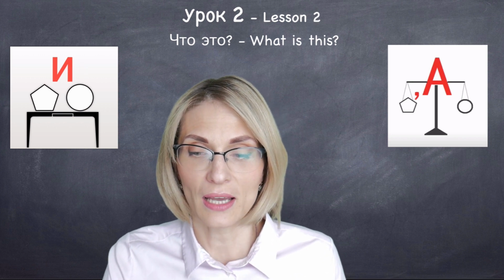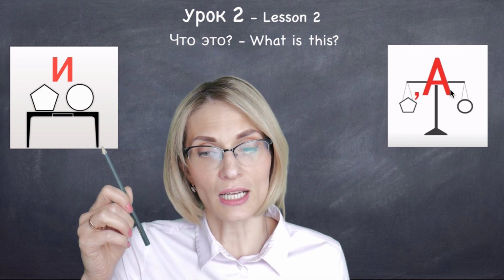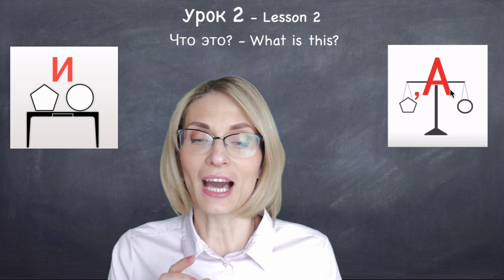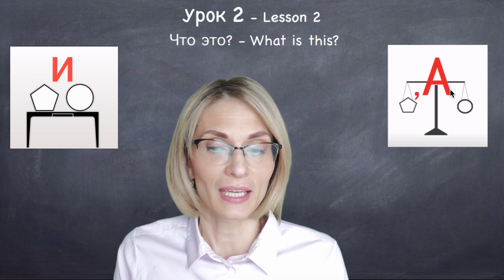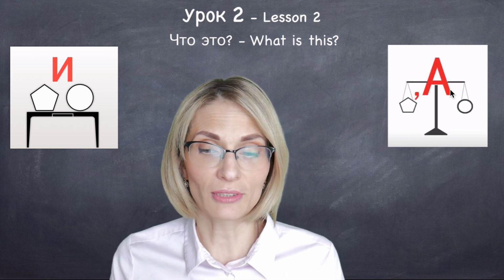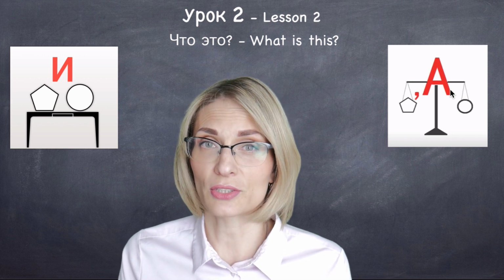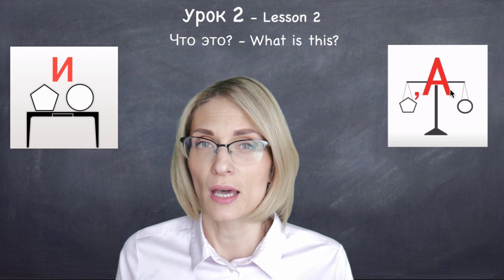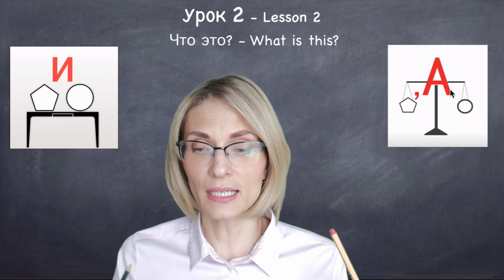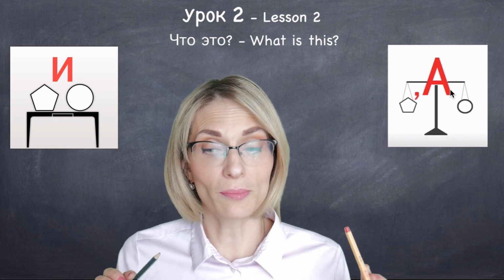Now, notice I used another conjunction here. А. Это карандаш, а это ручка. Now, conjunction а is a very interesting conjunction. It has many meanings, but here at this level, at the elementary level, all we need to know about it is that there's no direct translation into English. It could be translated both as and or but. But the idea is that we are contrasting now different objects.